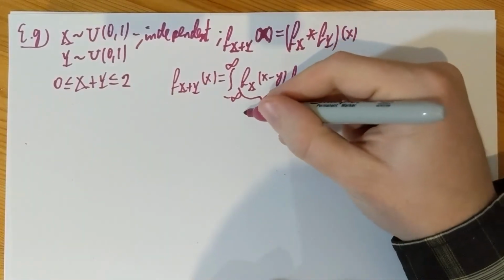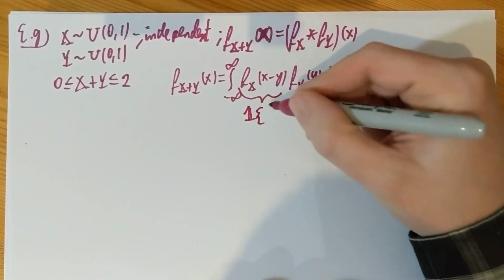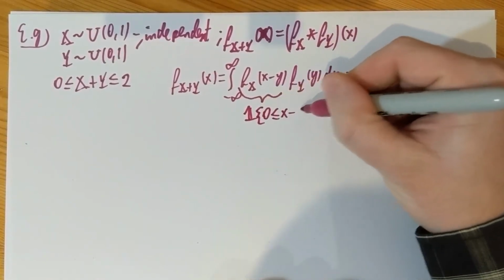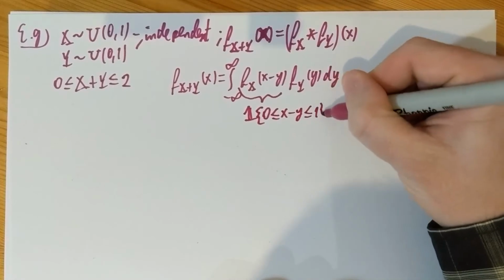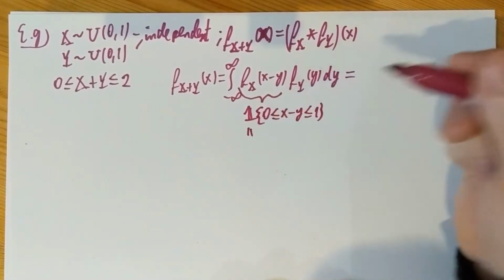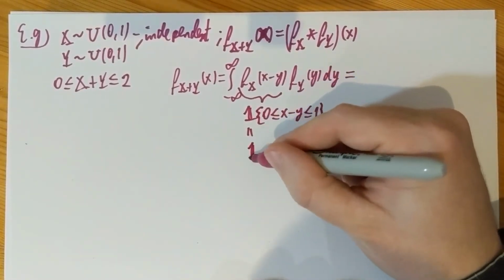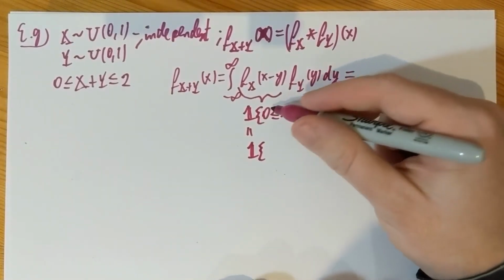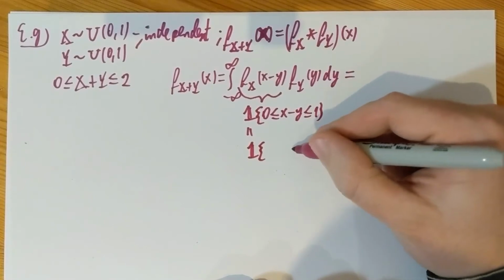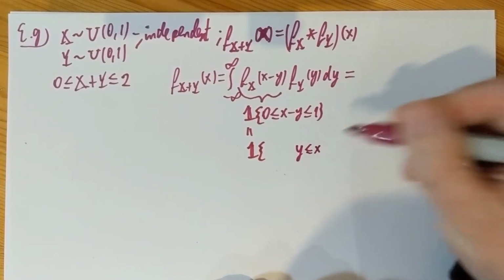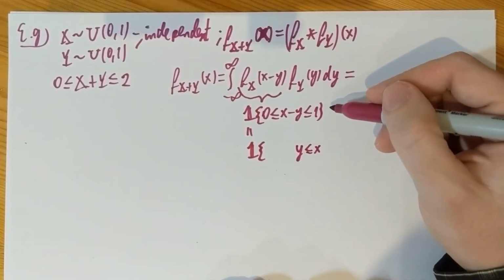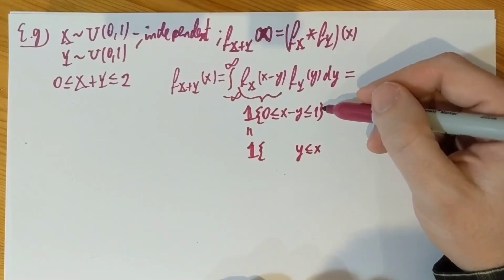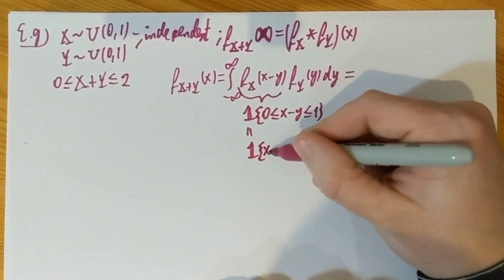So this is going to be the indicator that x minus y is between 0 and 1, which is also the indicator that, let's solve this for y, y is going to be smaller than or equal to x, and y is going to be larger than or equal to x minus 1.